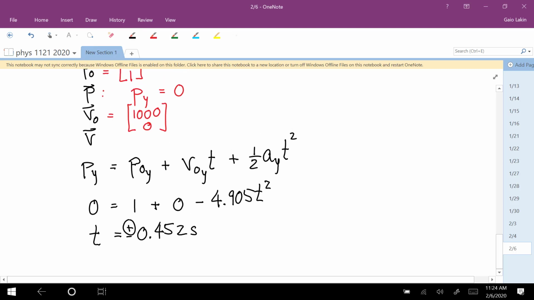So look at this equation, though, and notice what would happen with this calculation if there was no 1,000 meters per second in the x direction? If it was just dropped straight down, we could do this as a one-dimensional problem, right? Call our positive direction up.